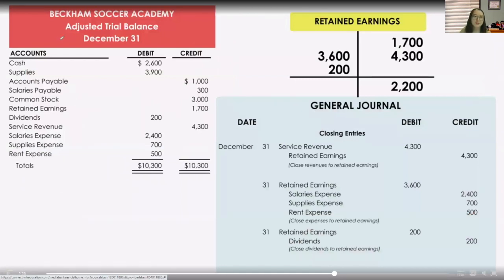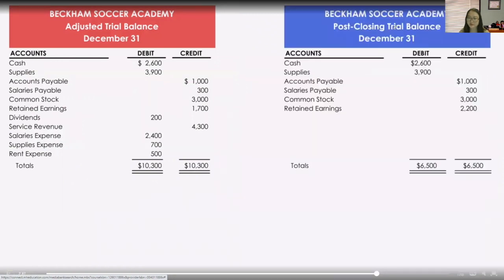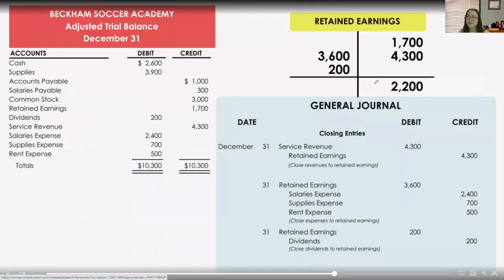And after the adjusted balance, let's say this is what it would look like before, right? And then what happened is the retained earnings account has a 1,700 balance in the beginning. So it's a beginning, right? And you have an income, which is a revenue of 4,300, and you have a total of 3,600 for the cost expense.